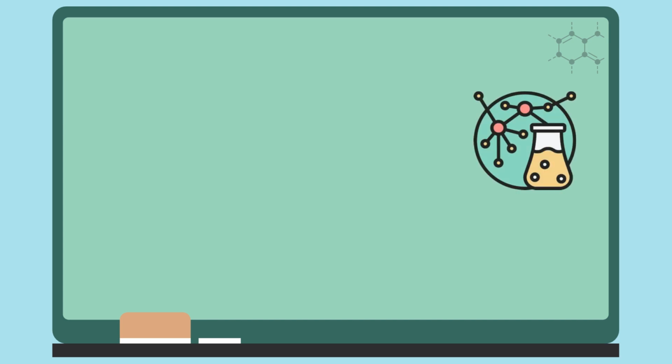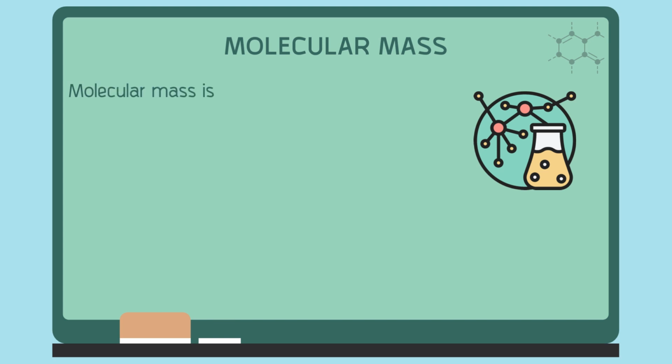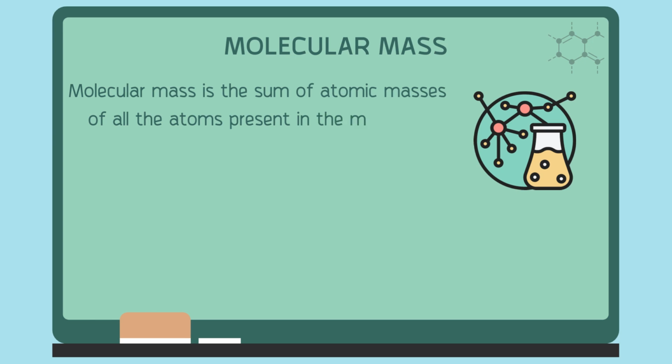The last and one of the most important things to discuss in this lecture is molecular mass. Molecular mass is the sum of the atomic masses of all the atoms present in the molecule. It is used for molecular compounds.